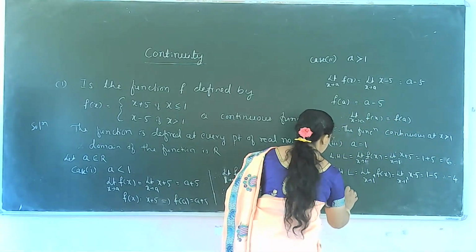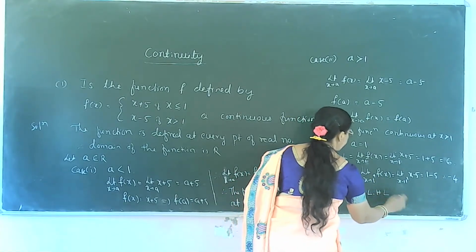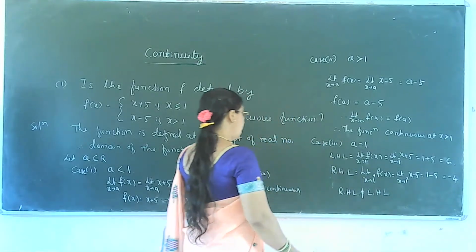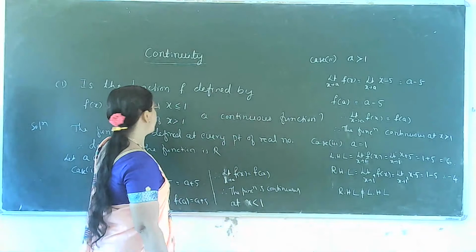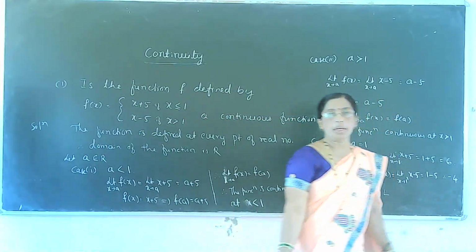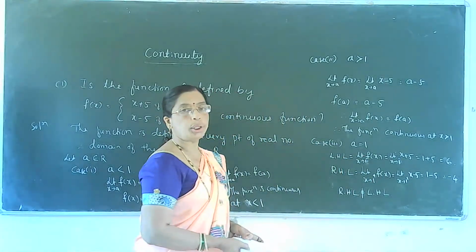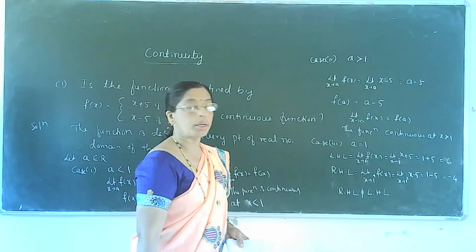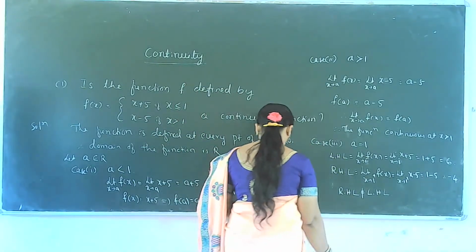Here RHL is not equal to LHL. f of 1 is equal to this one, it's 6. Therefore, they do not coincide. Therefore, the function is discontinuous, or not continuous, at x equal to 1.